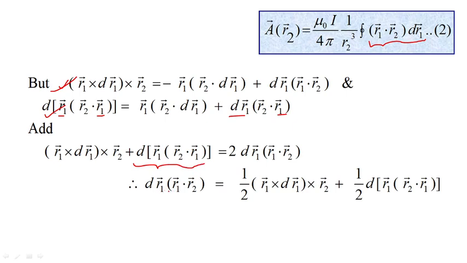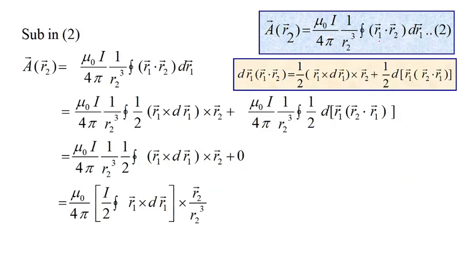And this is what we want. See, this is what we want: dr1, r1 dot r2. This one here in the equation 2. We are interchanging this bracket, if you take it here, dr1 into bracket r1 dot r2. Okay. Then this we are substituting.